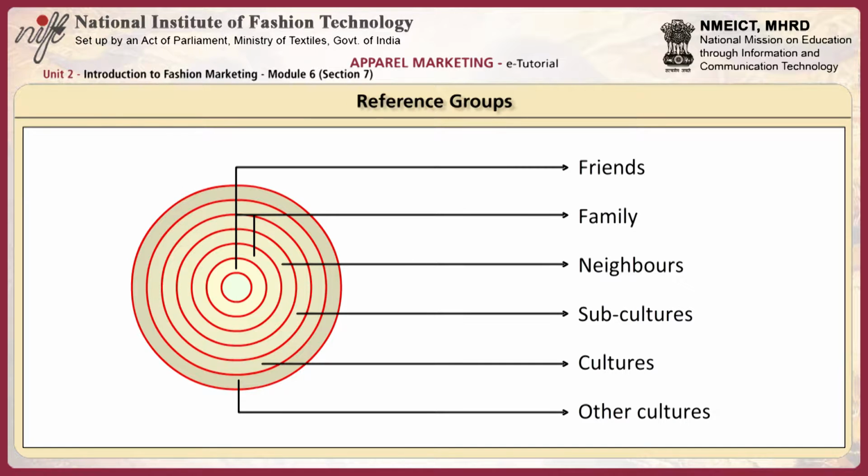Now, the reference group influences are at various levels. It could be at the normative level or at the comparative level. When we look at the various reference groups which would exert influence, we will see that at the heart is you, the friends, the family, neighbors, subcultures, cultures, and other cultures.